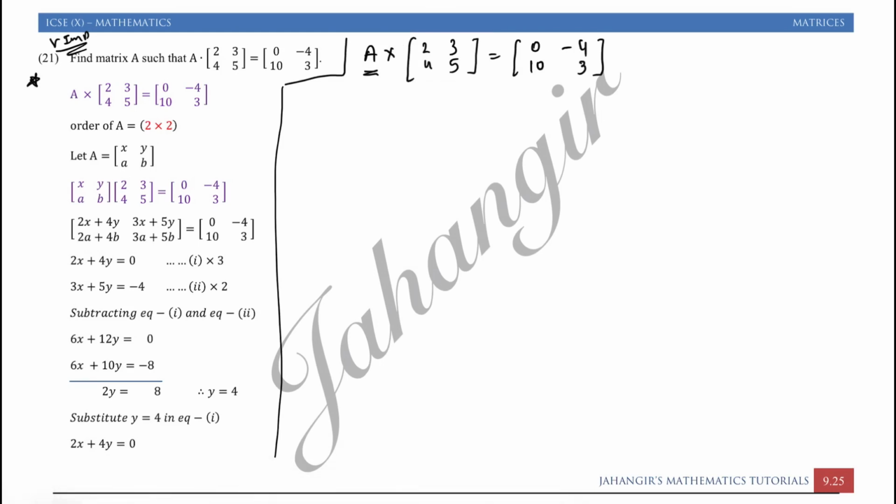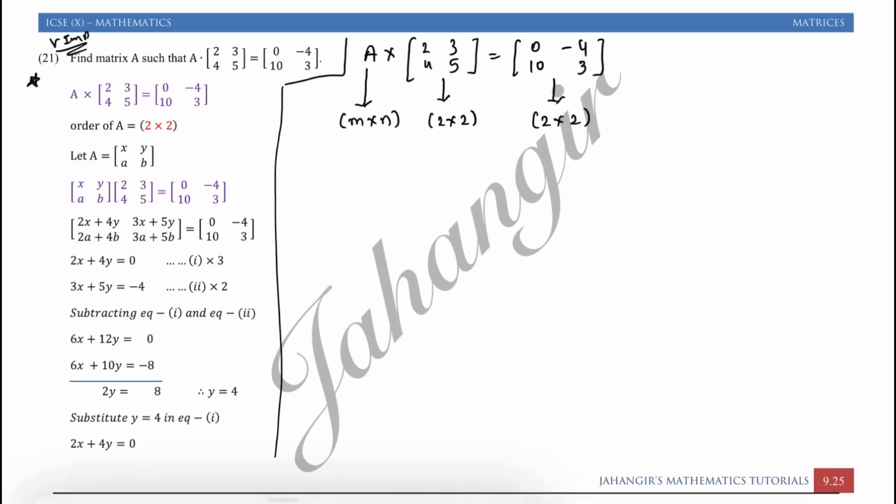For that we will try to figure out the order of the matrix A. We don't know the order of A. So we will write, let the order of A be m into n. I know this order is 2 by 2 and the order of the answer is also 2 by 2. In this pattern you can write.